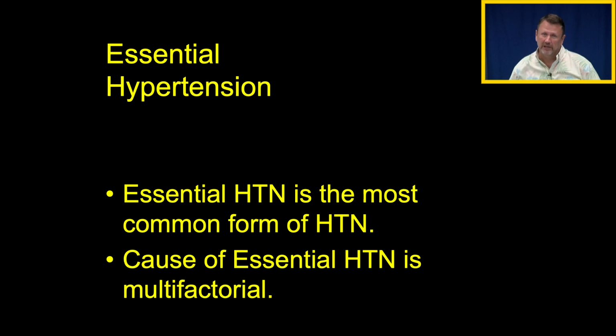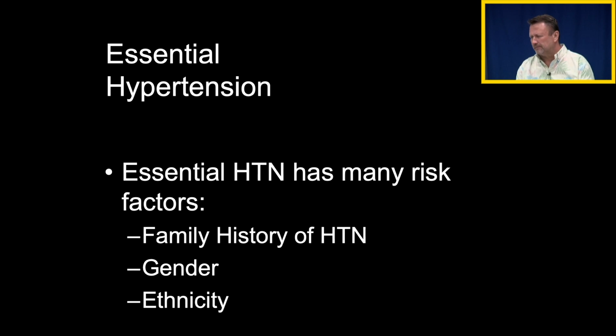Essential doesn't mean we need it. Essential means essentially they're not really sure what the exact cause is, and it's multifactorial. There are several systems in your body that regulate blood pressure, and they go out of balance together, causing essential hypertension. Again, essential hypertension is the most common form of high blood pressure, and its cause is multifactorial.